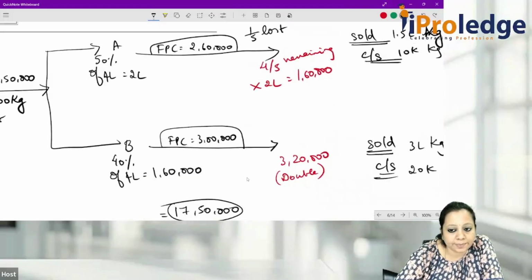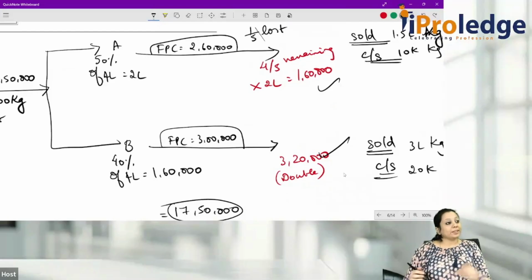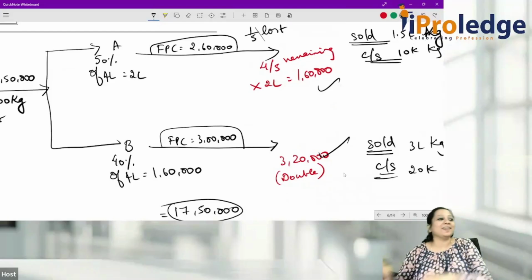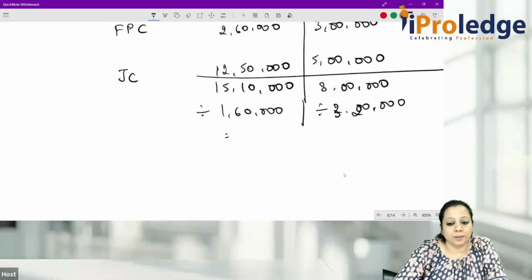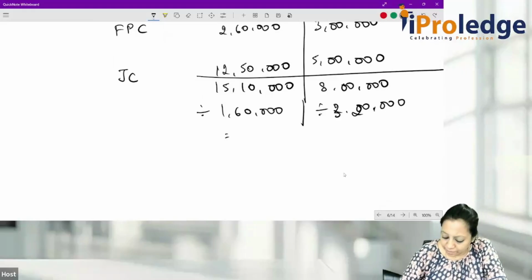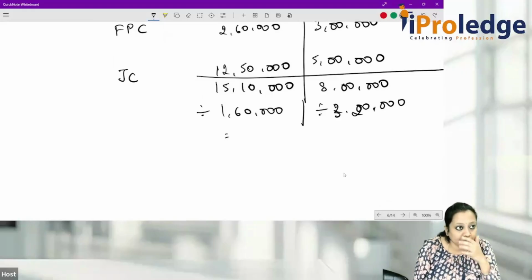I have to take this, sir. Why am I taking this? Further processing cost also I'm taking. That is why I should take the output, the end result, that kgs or that output. So tell me, 15 lakh 10,000 divided by 1 lakh 60,000, 9.43, right?